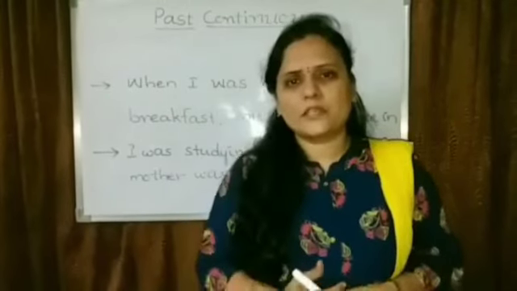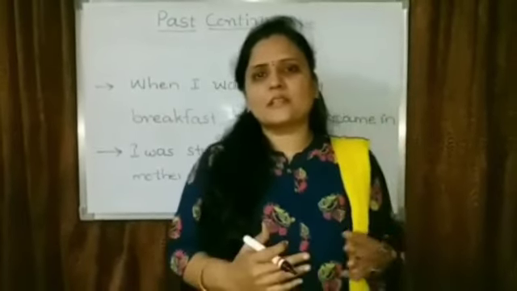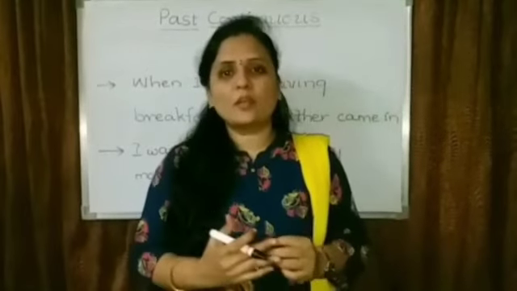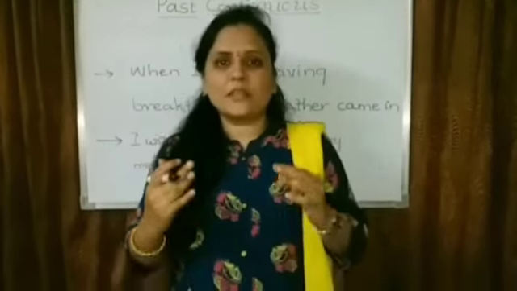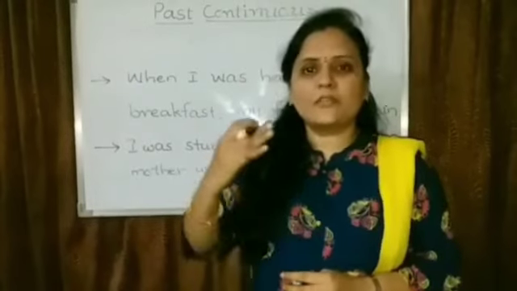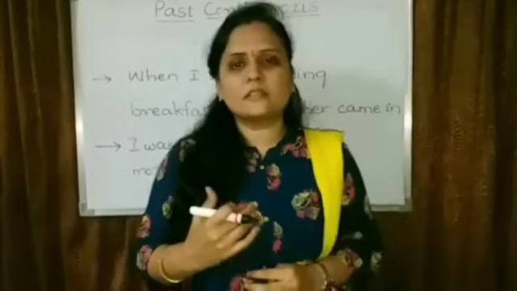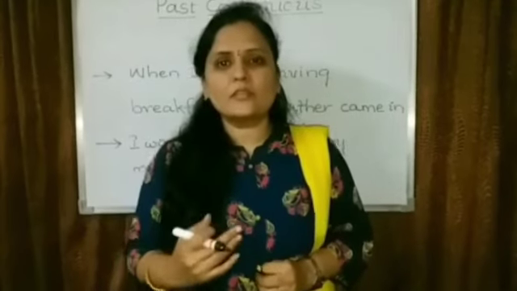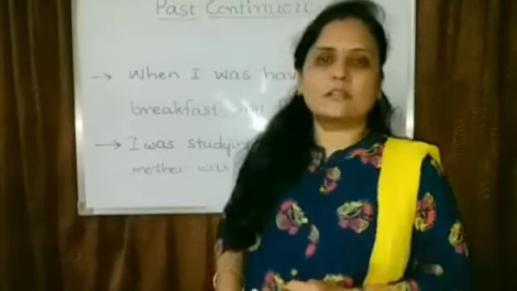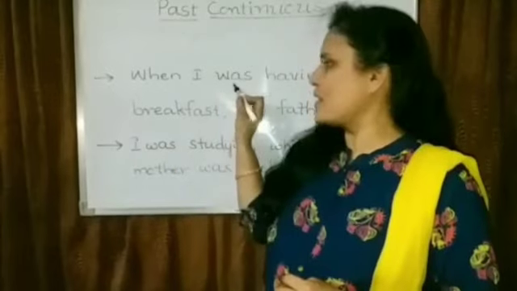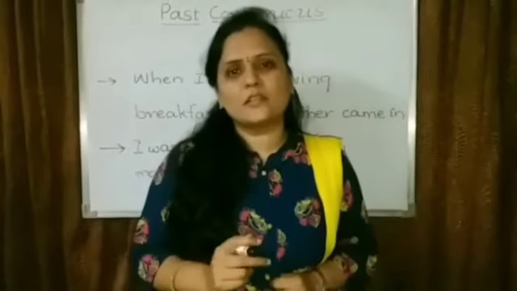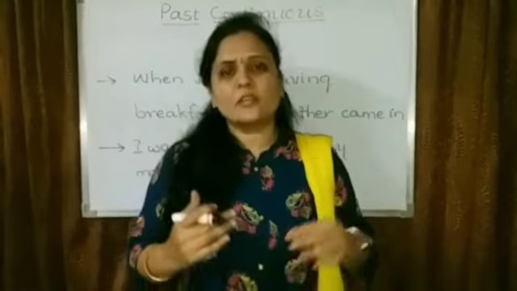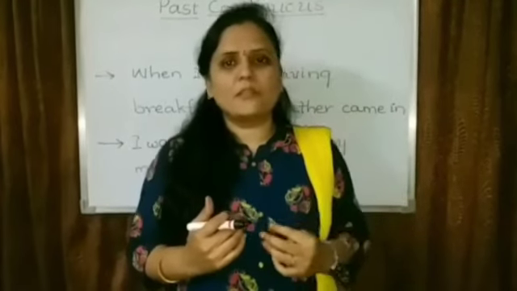So what did you observe here? In simple past we used did for framing questions, and at the same time we used the main verb, that is V2, to frame sentences. But here we are using was. Why are we using was? Because this is the continuous form. In present continuous we used present be forms.